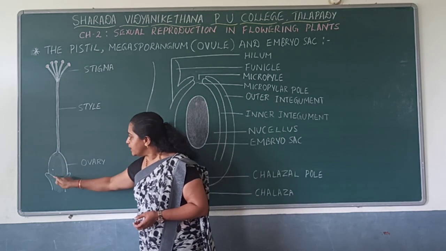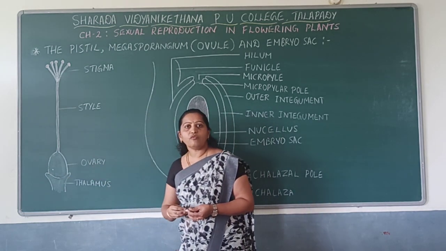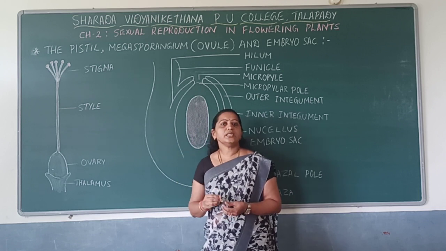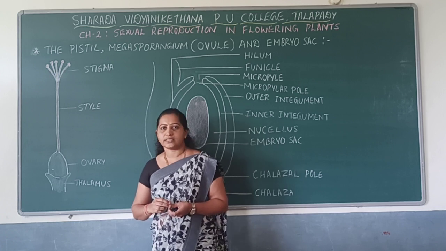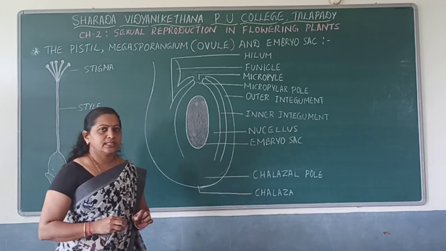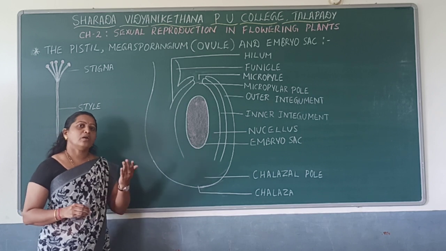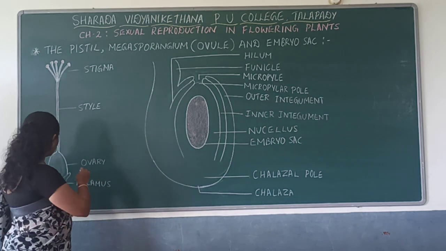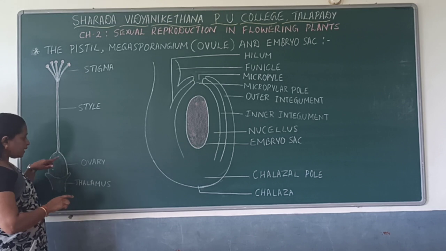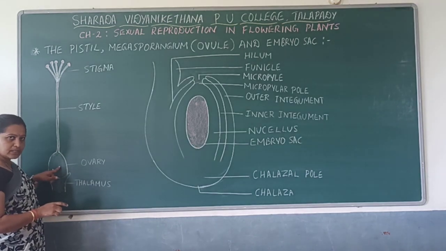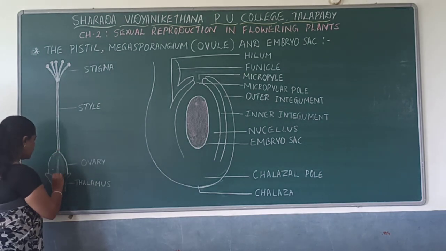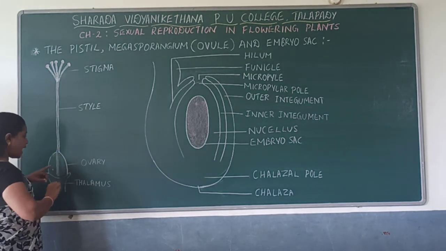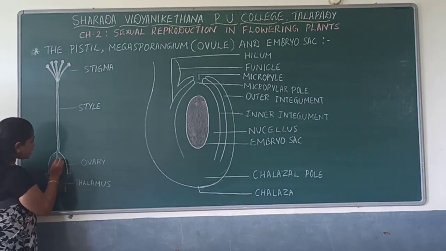Within the ovary, there is a cavity known as ovarian cavity, and inside the ovarian cavity, there is a soft cushion-like tissue known as placenta. Attached to the placenta, there may be one or many ovules.